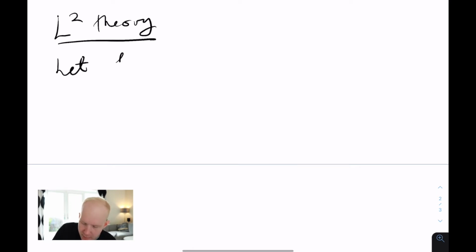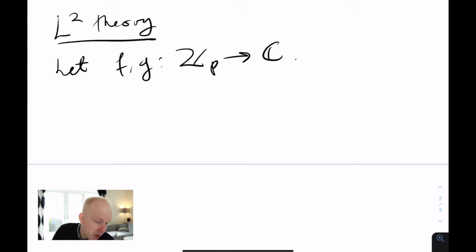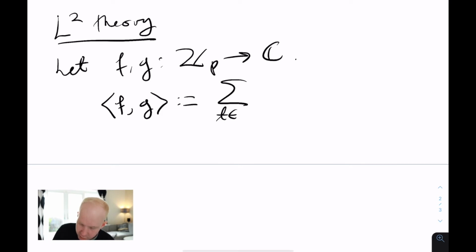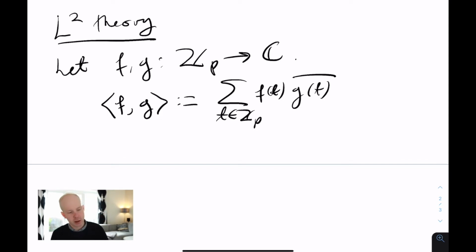Let f and g be two functions from Z_p to C, and we can then define the bracket f, g to be equal to the sum over the group of f(t), and then you take the complex conjugate of the other function g.